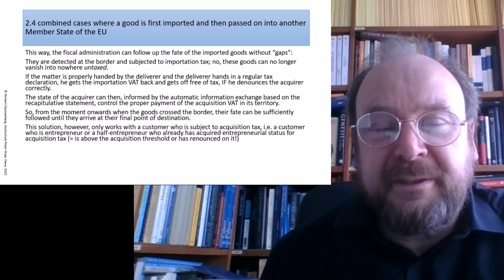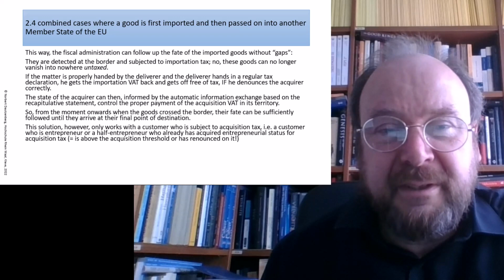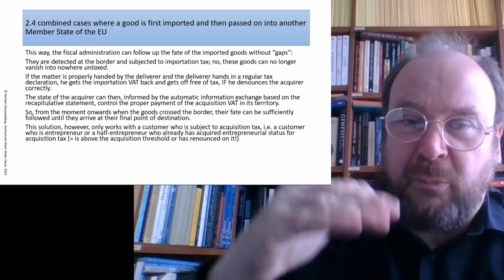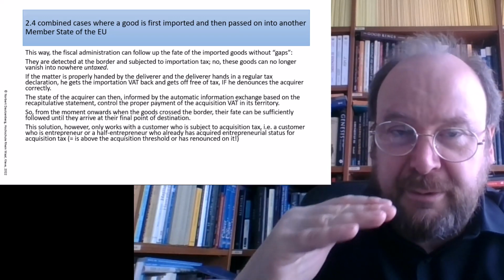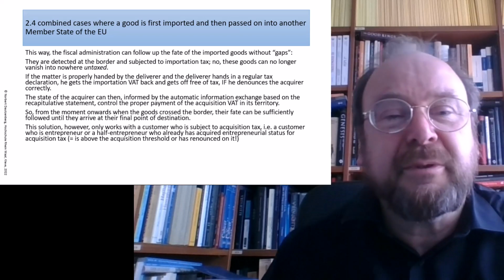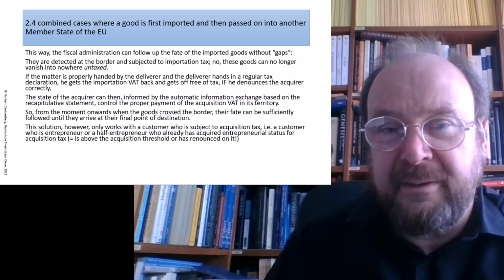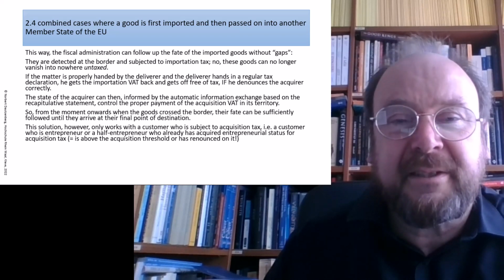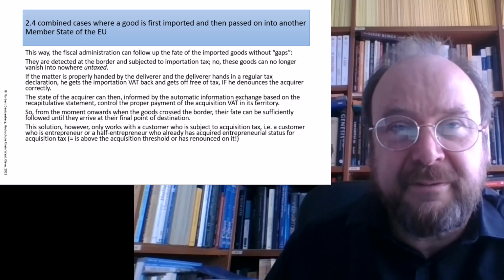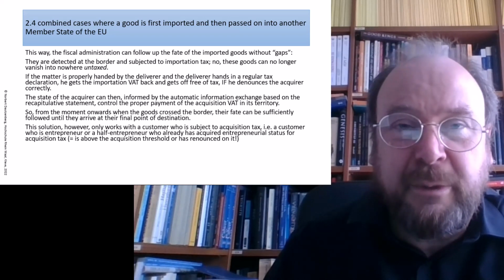Think of our testing scheme for inter-community cases. Step 1 was your customer is an entrepreneur, then customer pays inter-community tax. You just, as a deliverer, prove that the customer exists in the other state and pays the tax there, so you are free of tax in the state where you send it away.